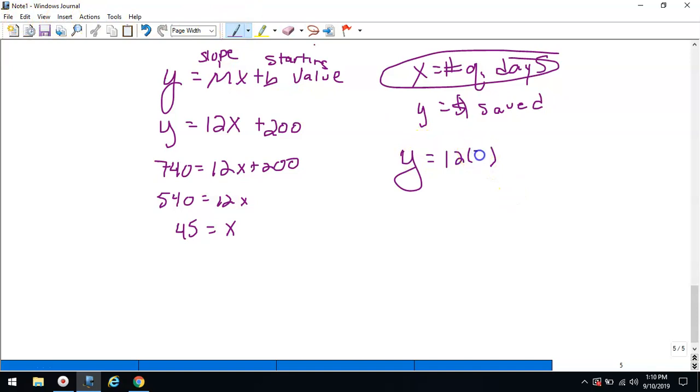Yeah, 21 days plus 200. All right, so 12 times 21 plus 200, $452. So after 3 weeks, you will have saved up $452. Cool, cool, cool, cool.